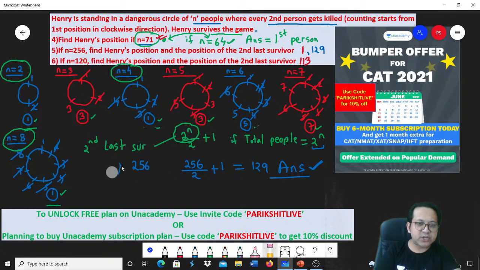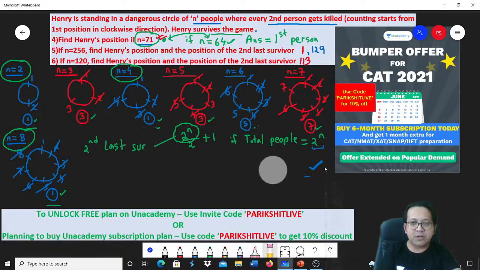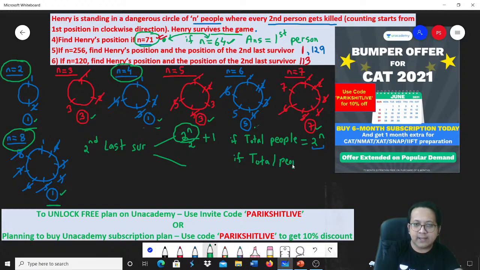Question number 6. What is the total number of people in question number 6? If total people are not in the format of 2 to the power n, then your answer is given by 2 to the power n plus 2 to the power n minus 1 plus k, where the answer is given by 2k plus 1.